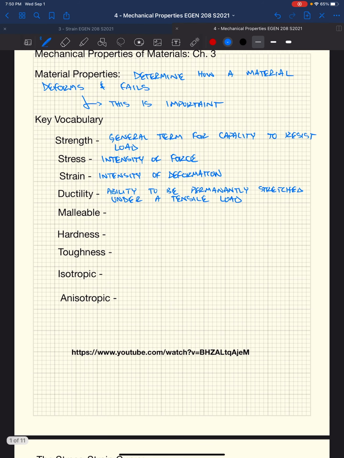If you put a steel bar into a testing machine and started pulling on it, the ability for that bar to be permanently stretched under a tensile load, that's its ductility. Malleable: your ability to deform under pressure.